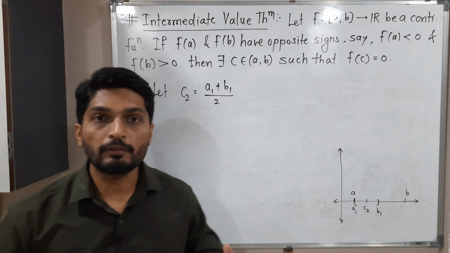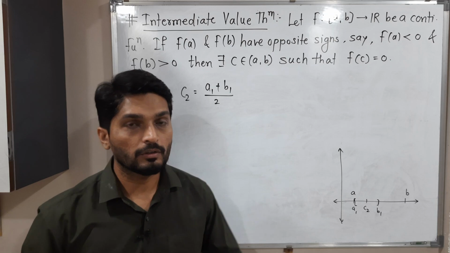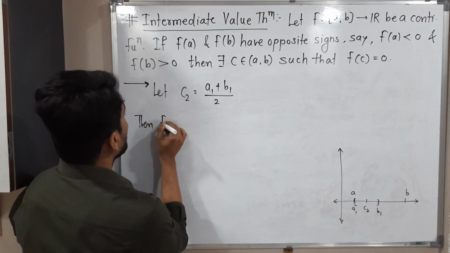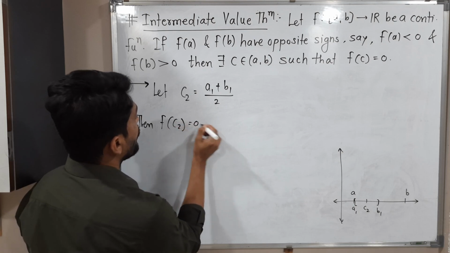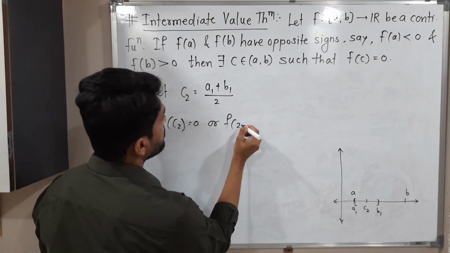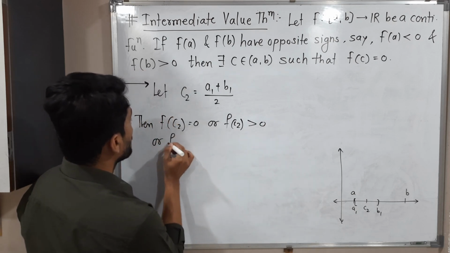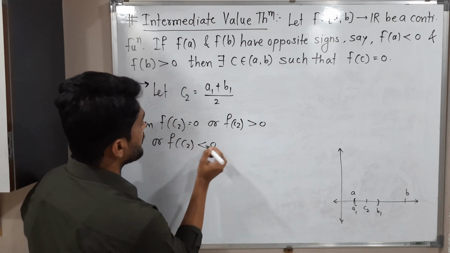So now again there will be three cases by the law of trichotomy: f of c2 is 0, or f of c2 is positive, or f of c2 is negative.